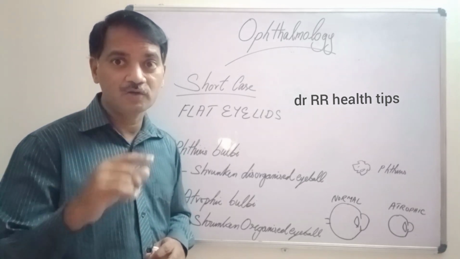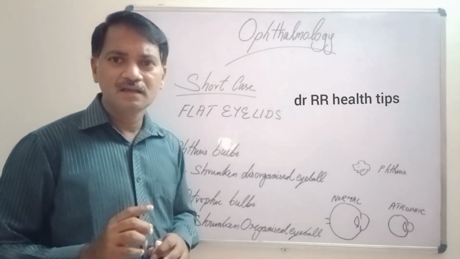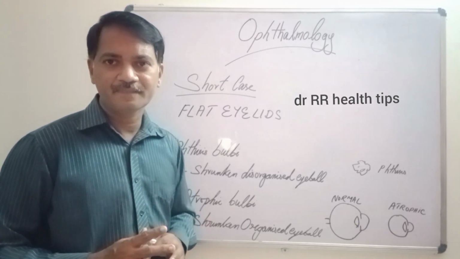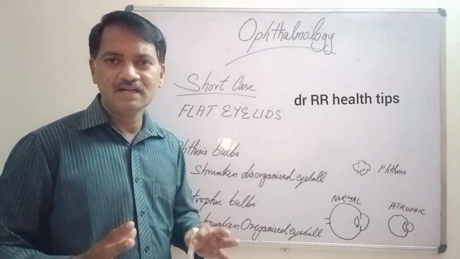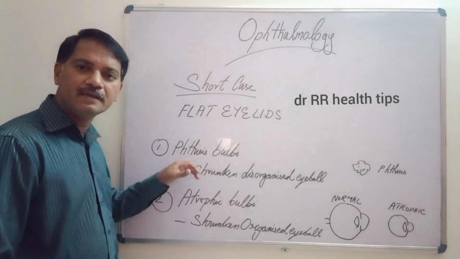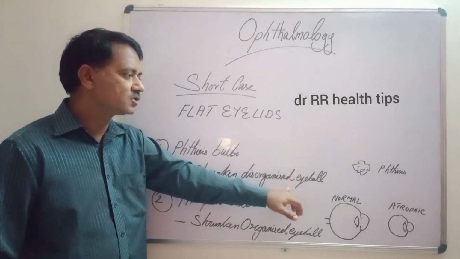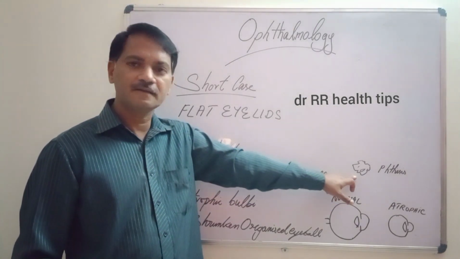It is not circular. The eyeball is distorted, totally distorted. So that is called as phthisis bulbi. Shrunken, disorganized eyeball.